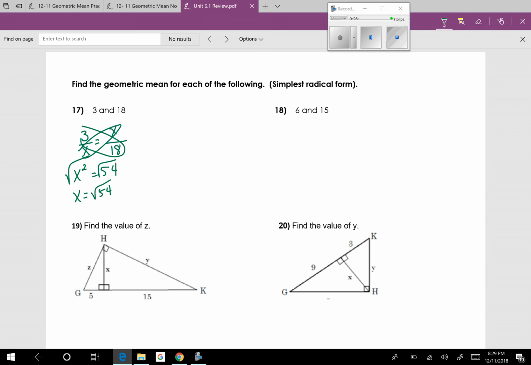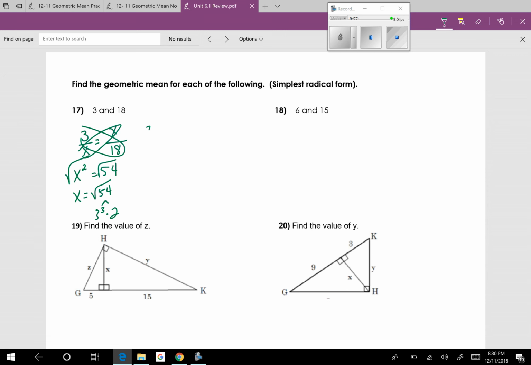And so if you factor this out, let's see, 54 would be 3 cubed times 2. Well, it would really be 2 times 3 cubed. Let's write that out.